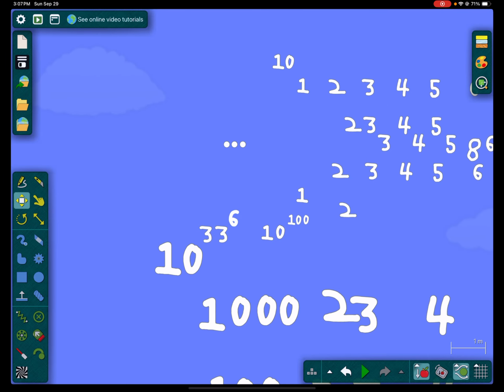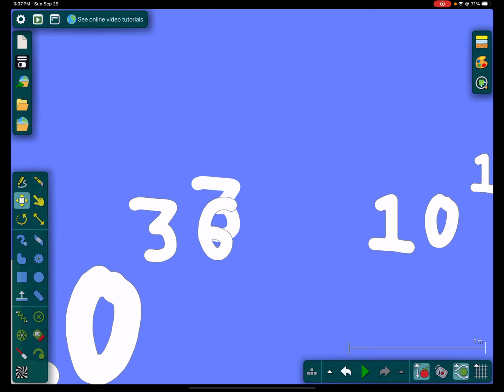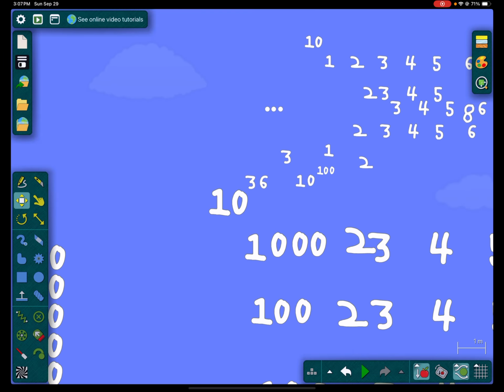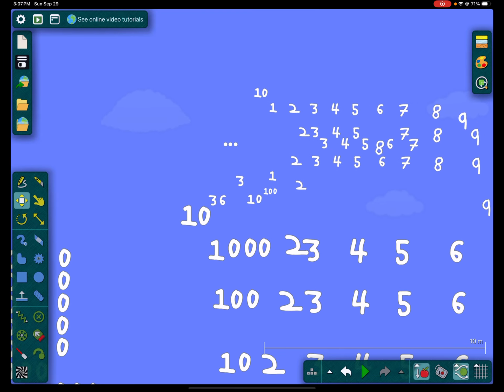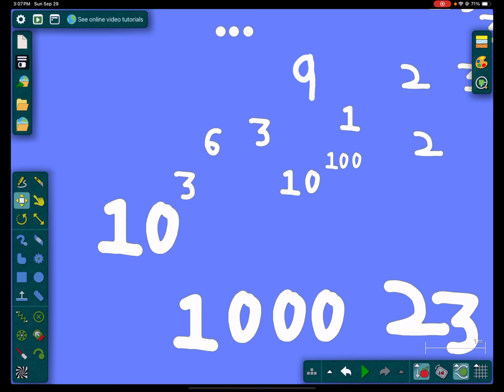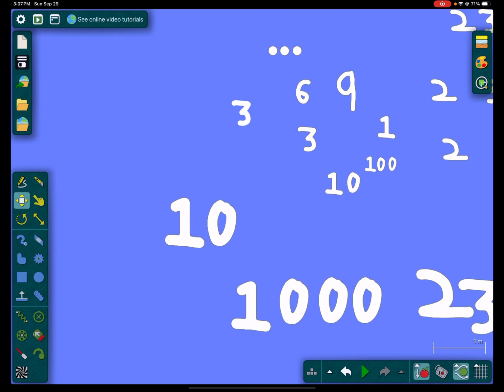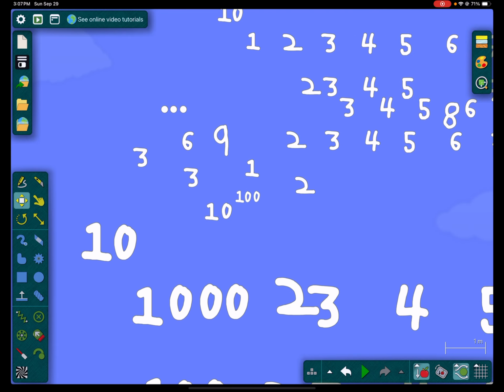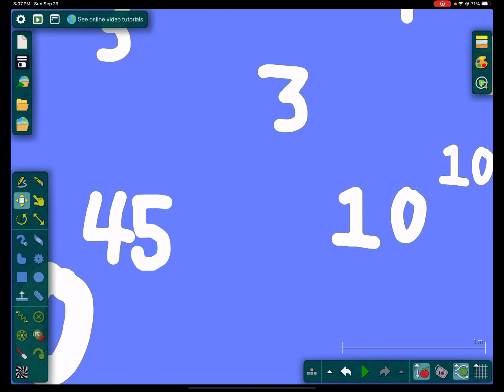And if we add a 6, this is undecillion. This right here is duodecillion, I think. Now that we know decillion, what is quadriwordecillion? That's 10 to the power of 45.